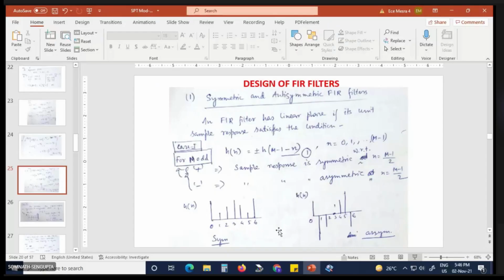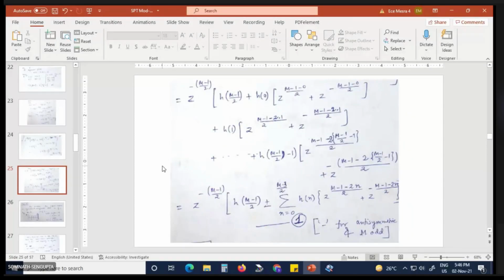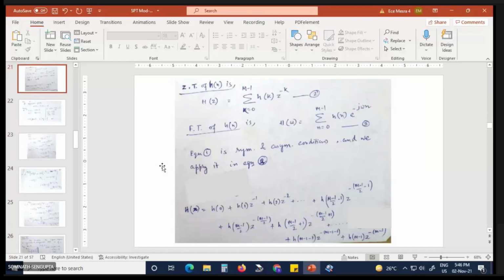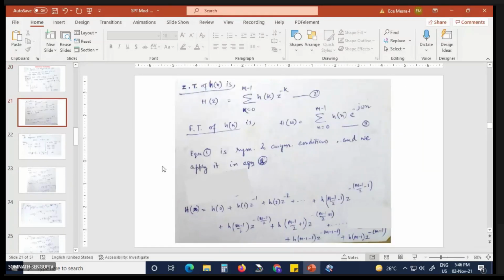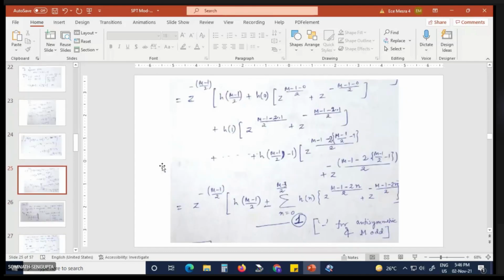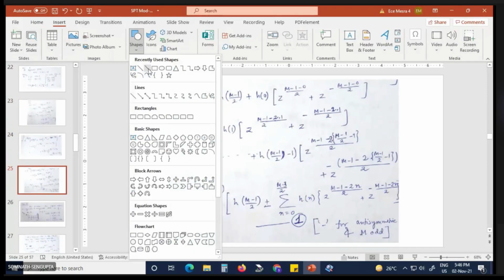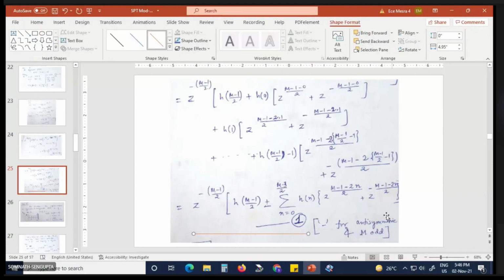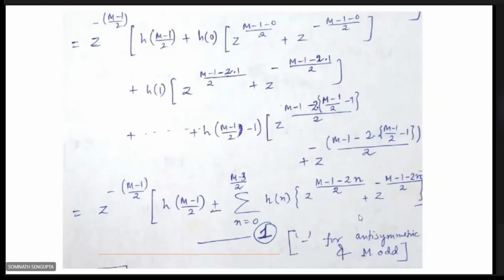This is very important in case of antisymmetric. Okay. Let me highlight it. So it is for m odd and antisymmetric.